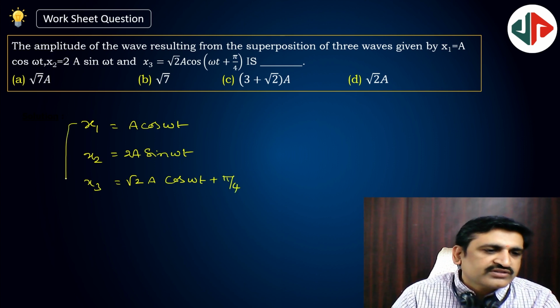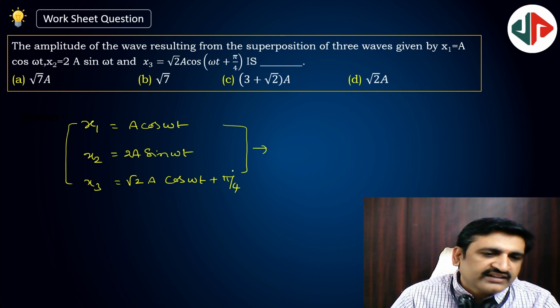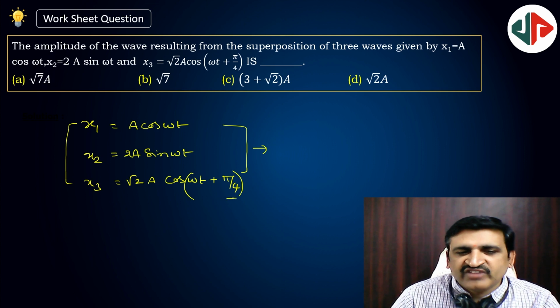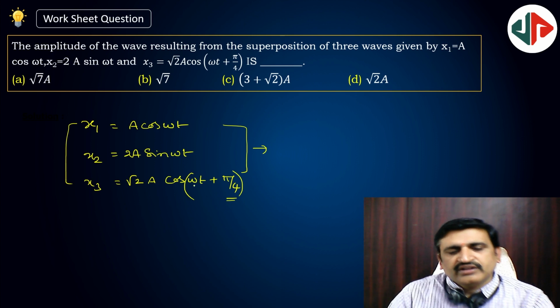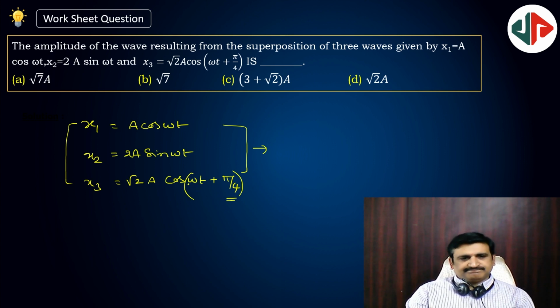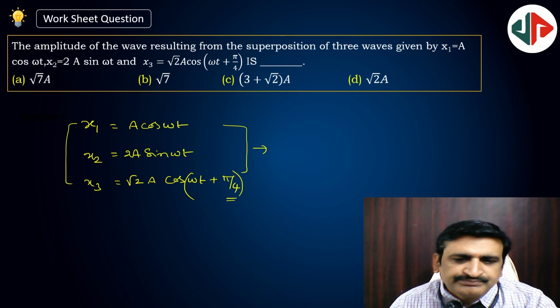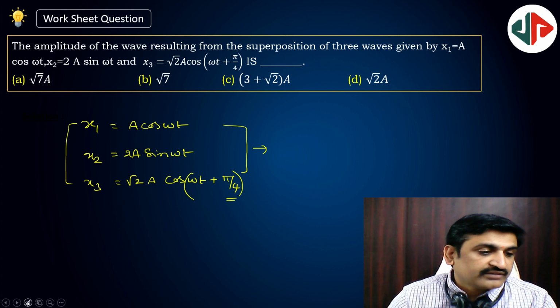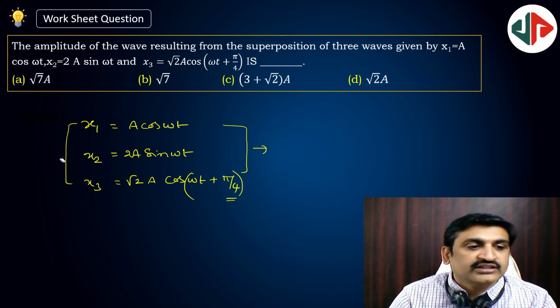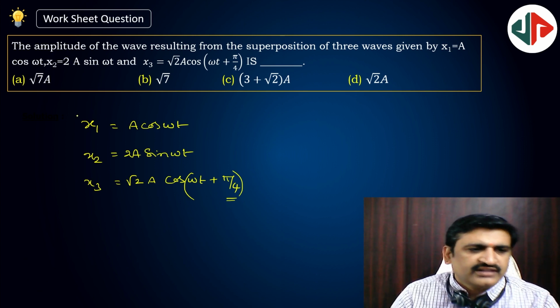First, these two I want to simplify, because both are cos functions and they differ by a phase of pi by 4. First two only is better, what I feel. First two, later the third one can be added. Then we can add easily in less time.